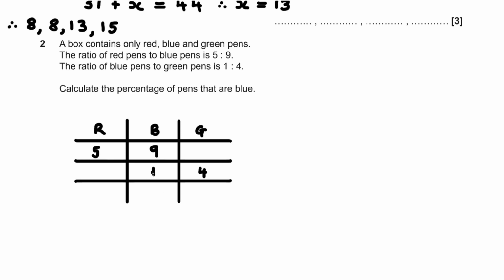The lowest common multiple of 9 and 1 is 9. So to go from the 9 to the 9, I multiply by 1. 5 times 1 is 5. 1 multiplied by 9 is 9. 4 times 9 is 36.